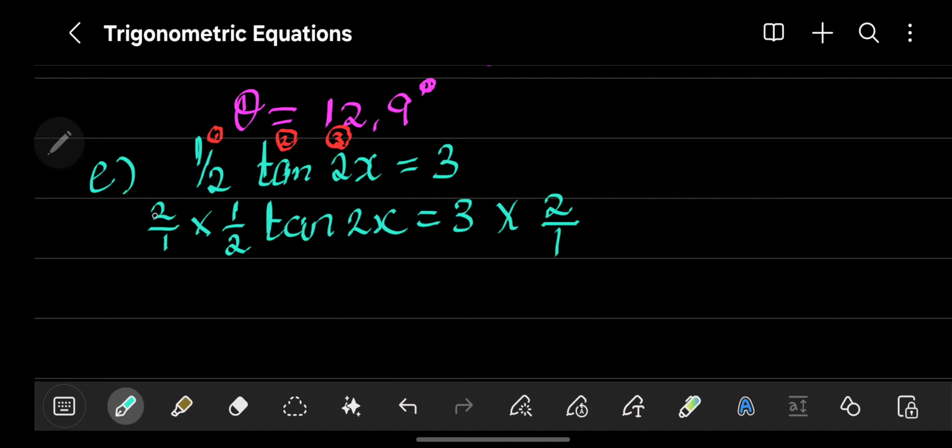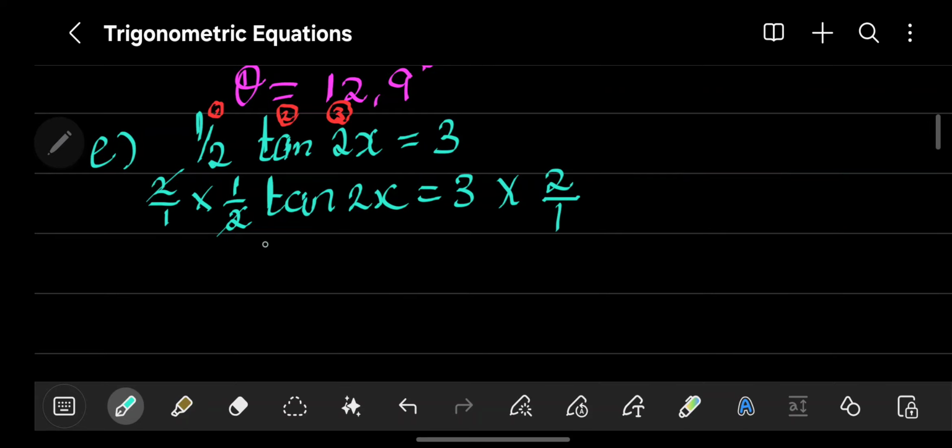This and that will cancel, and 1 and 1 is not that significant. Then tangent of 2x equals 3 times 2, which is 6. I hope I make sense, right?